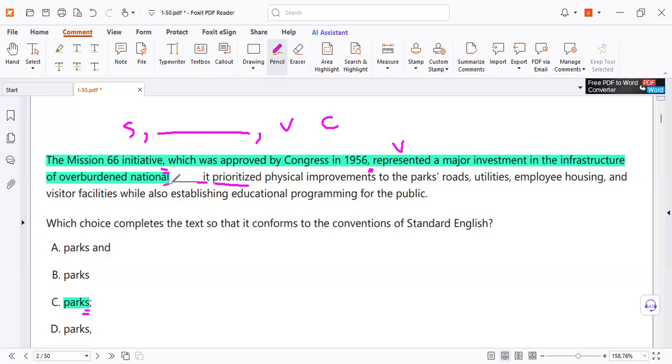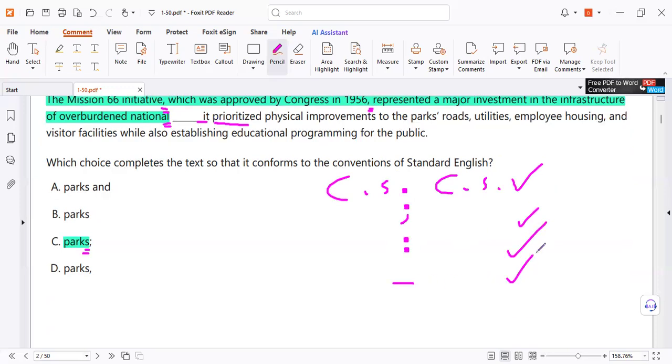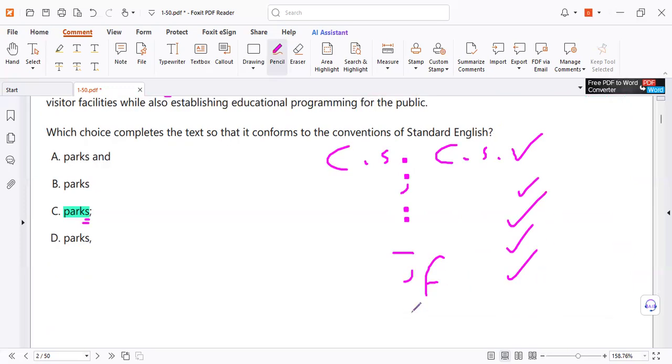To the end, it's a sentence. So you have two complete sentences. So complete sentence, full stop, complete sentence, full stop, correct. Semicolon between them, correct. Colon between them, correct. Single dash, correct. Comma fanboys, correct. Subordinating conjunction, correct.